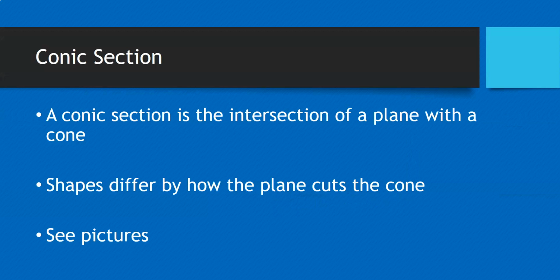So geometrically, a conic section is the intersection of a plane with a cone. And shapes are going to differ by how the plane cuts the cone. Now, when I say cone, I mean the mathematical cone, so having both sides, not looking like an ice cream cone. Let's look at some pictures of that.